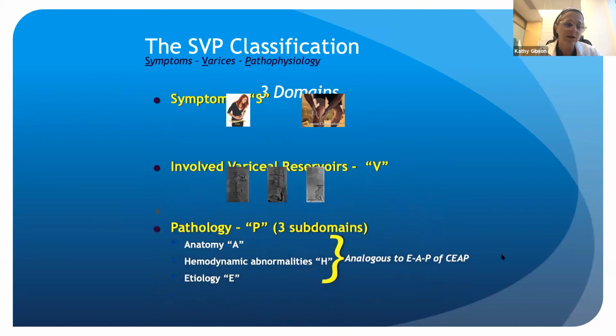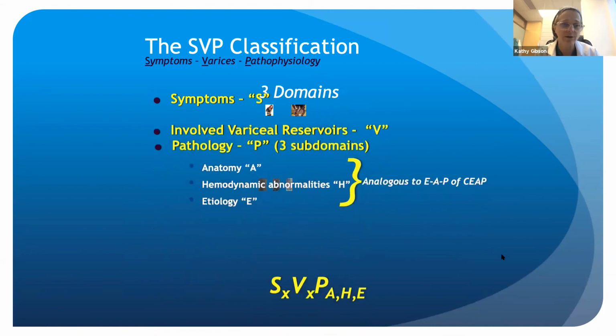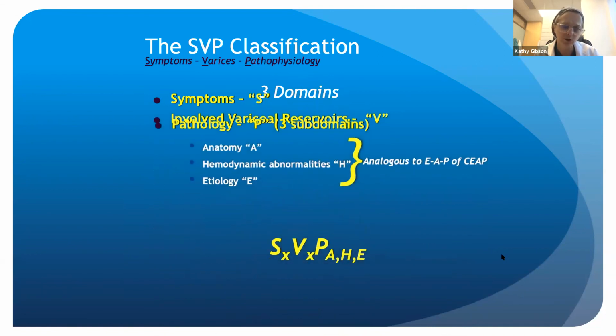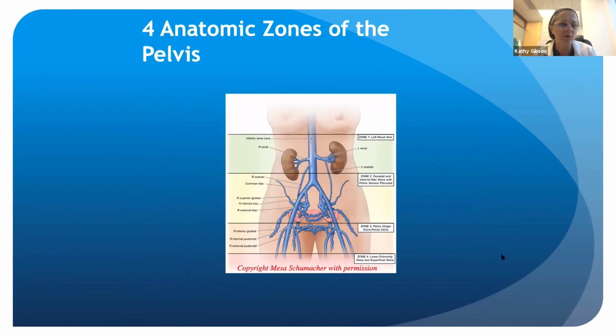So that's V. And then finally, pathology, and there's 3 subdomains: anatomy, what the hemodynamic abnormality is, and etiology. And we're going to get to that on another slide. So the instrument reads SVP, AHE, and this will become clear. I'm going to give you some examples.